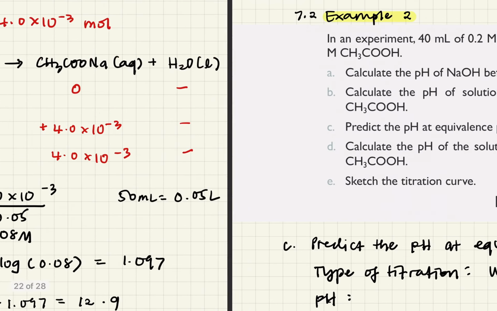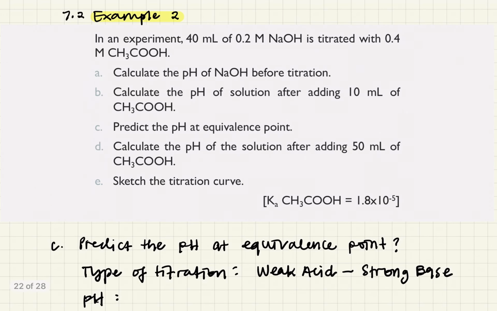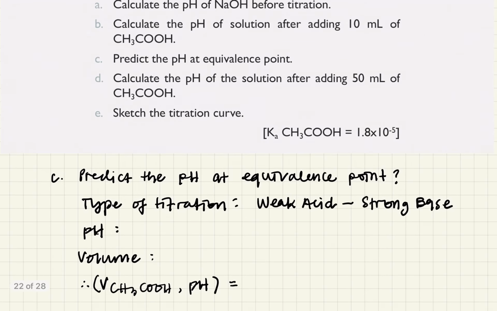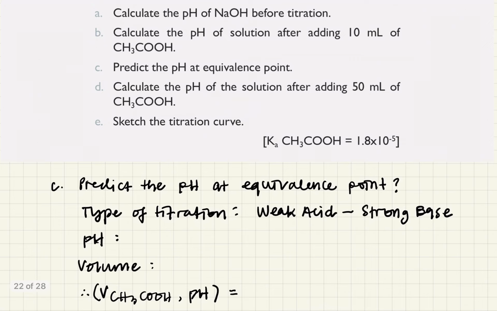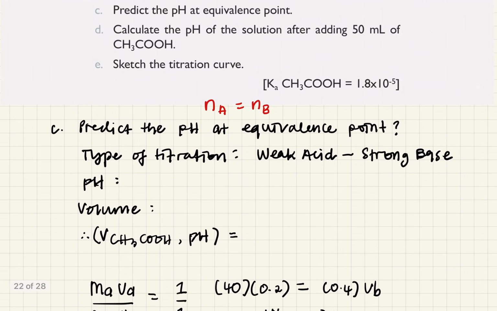Next, C. We're going to predict the pH at the equivalence point. Remember that at the equivalence point, the number of moles of your acid will be equal to the number of moles of your base. In this case, we first need to determine the type of titration you have. It is a reaction between a weak acid and a strong base.